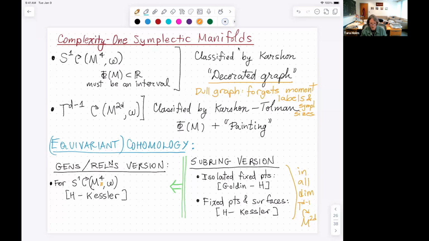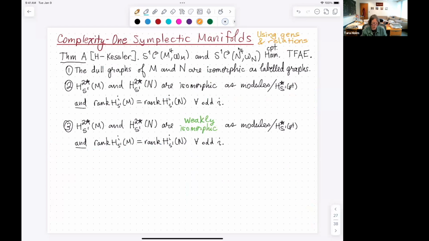And as we saw in the toric case, we don't expect equivariant cohomology rings to be able to identify symplectic sizes, and so we forget that information. Once you forget that, we have dull graphs having forgotten symplectic information.